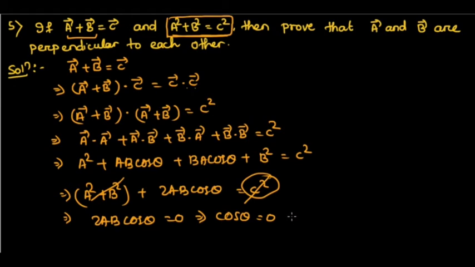Cos theta equal to 0 means theta is equal to 90 degrees or pi by 2. So we got that the angle theta between the two vectors is 90 degrees, meaning vector A and vector B are perpendicular to each other. In this way you can solve this question, and now we'll proceed to the next one.